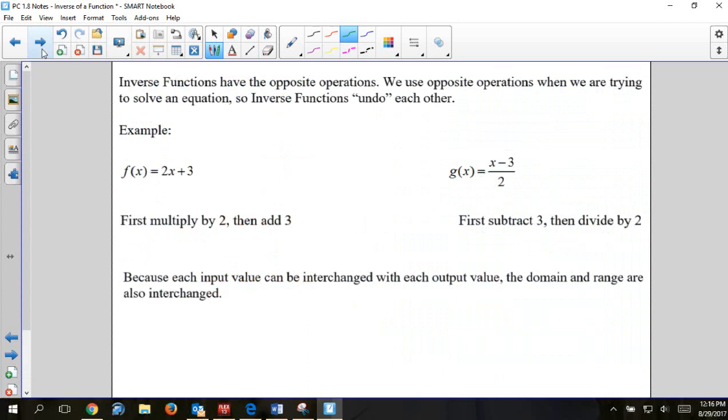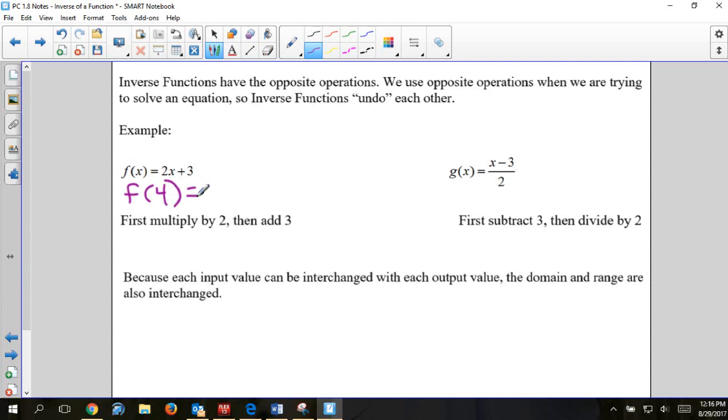This is two inverses, and they've already told you what they are, and we're explaining how inverses work with opposite operations, how they undo each other. So I'm going to put in a point. I'm going to say f of x equals 2x plus 3. Let's find f of 4.